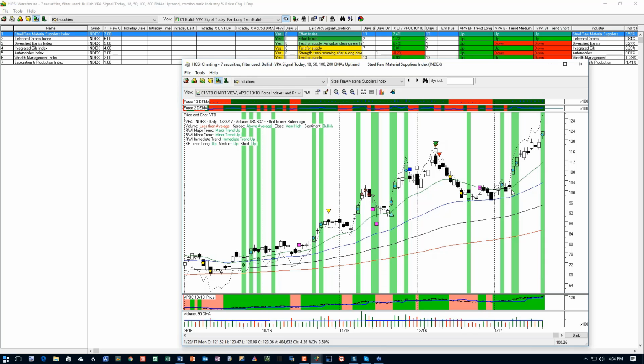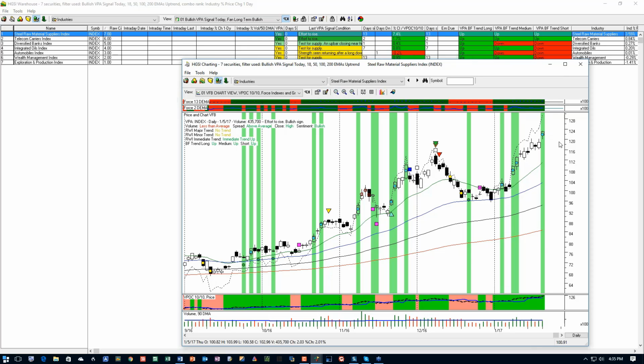You can see that clear back here, the fan was in position, and these are where the flags or the criteria were met. In other words, the VPA signals or flags and also the fan were in the correct position, and you can see that there have been multiple instances of this.